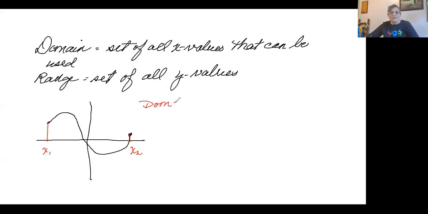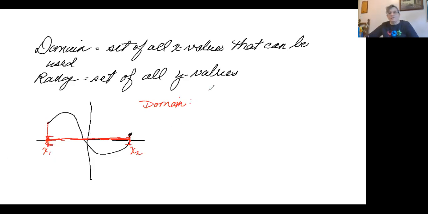So in this case, the domain is going to be this set of x values from here to here. And since both of these points are colored in, these are included, so we're going to use brackets.